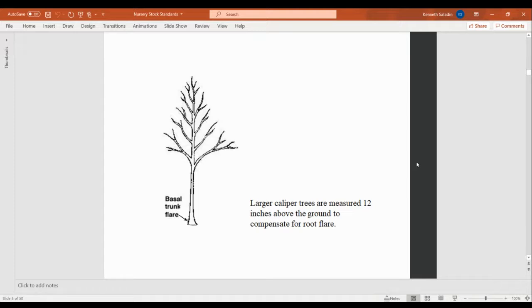They're going to want to sell that tree before it gets that big in size. So for all practical purposes, for most trees that you find in nurseries, the measurement is going to be made 6 inches above the ground. It's only those larger trees where we take the measurement 12 inches above the ground.